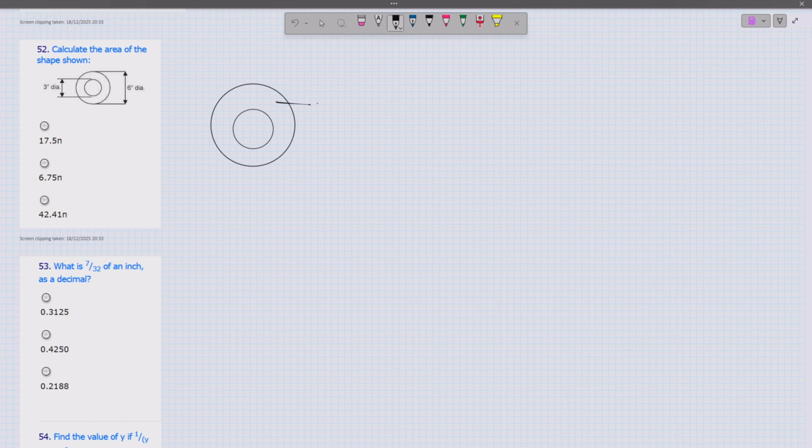So the radius of the bigger circle is 3, since the diameter is giving us 6. The radius of the smaller circle is 1.5. So subtracting the area of the smaller circle from the bigger one, we have pi r squared minus pi r squared.